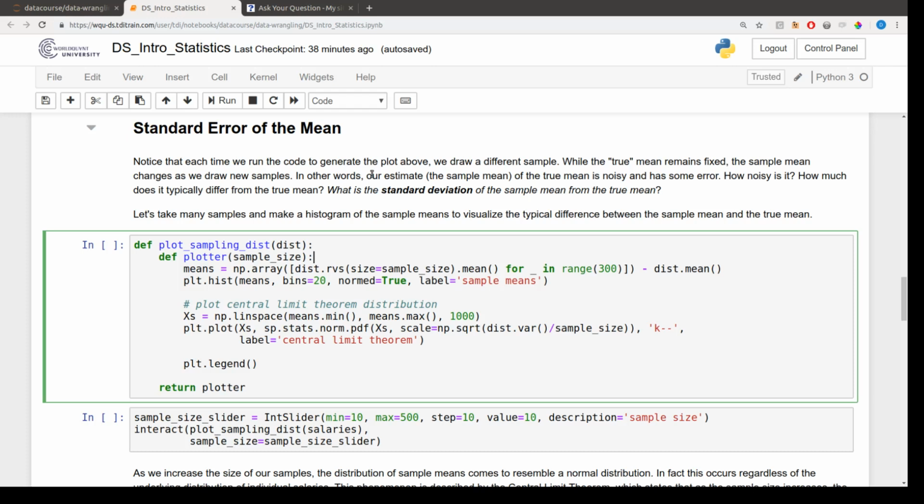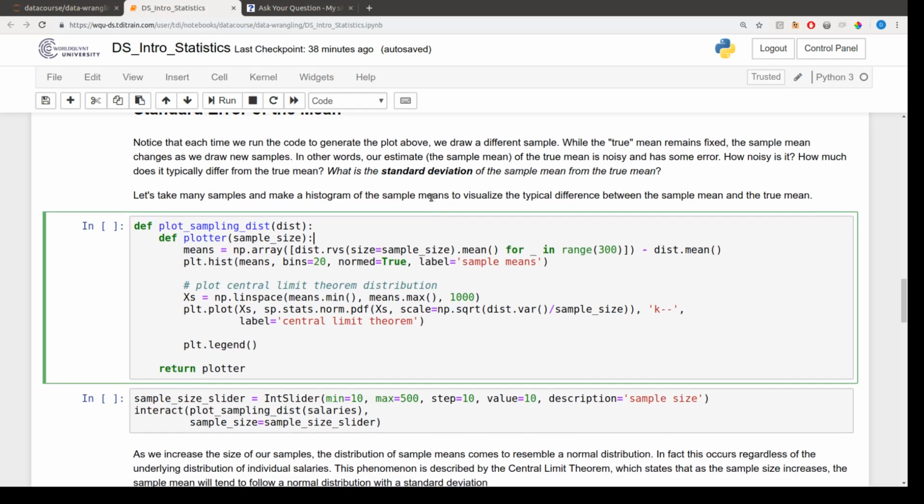So one way that we could visualize this question of ours, what is the standard error of the mean, is by collecting many samples, calculating the average salary from each sample, and visualizing that relative to the true mean.